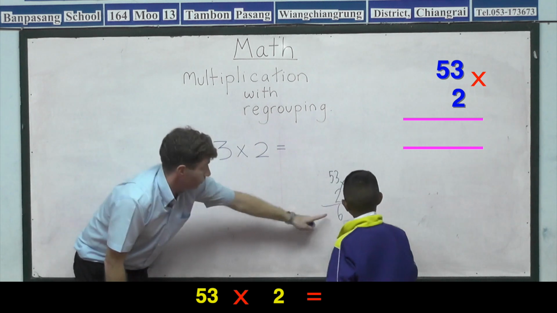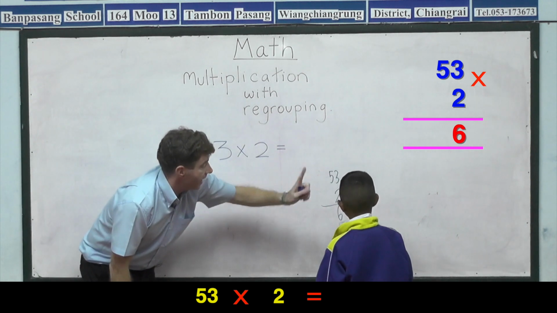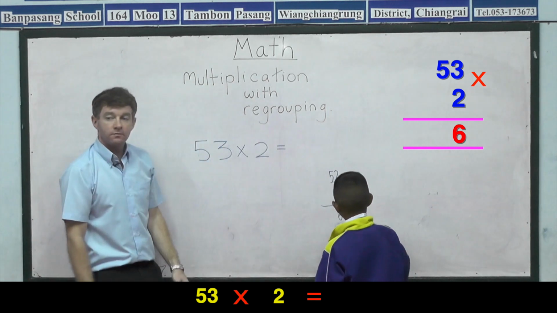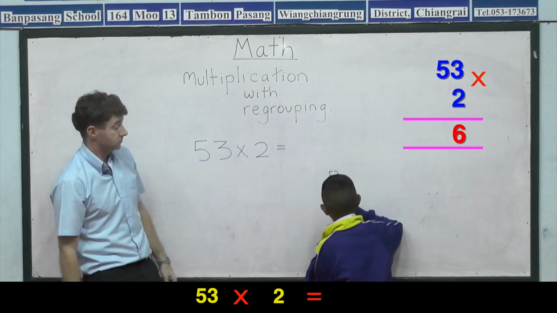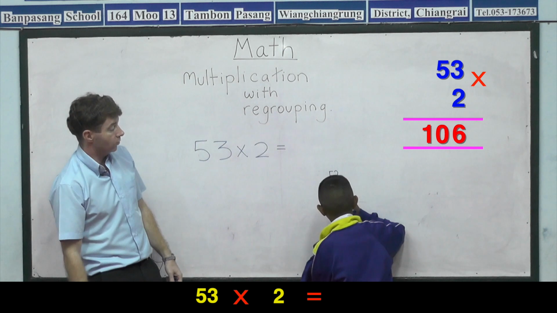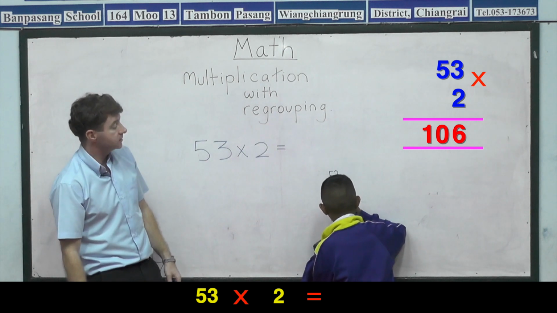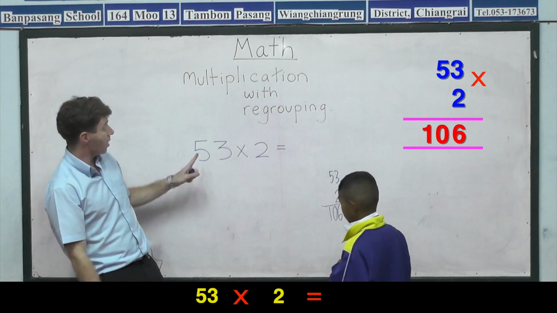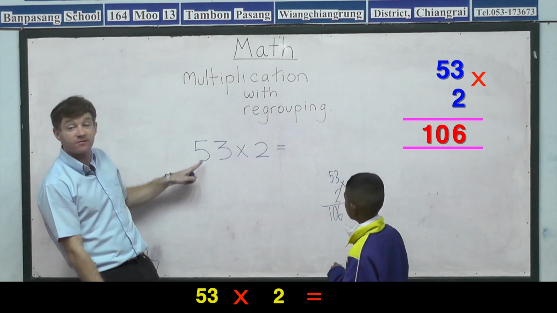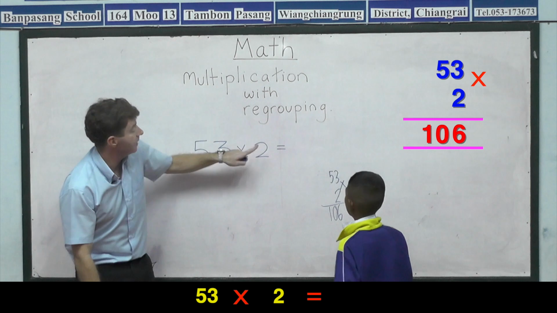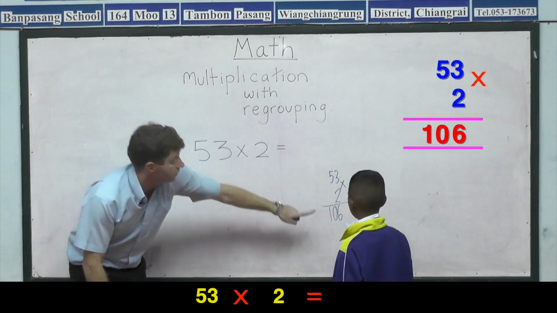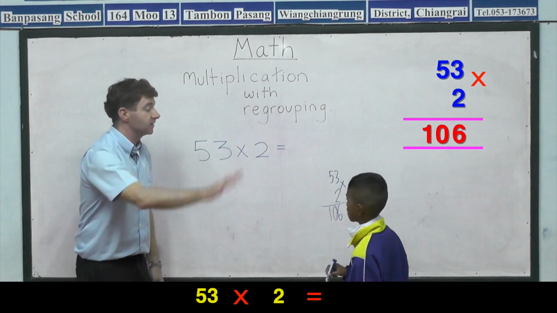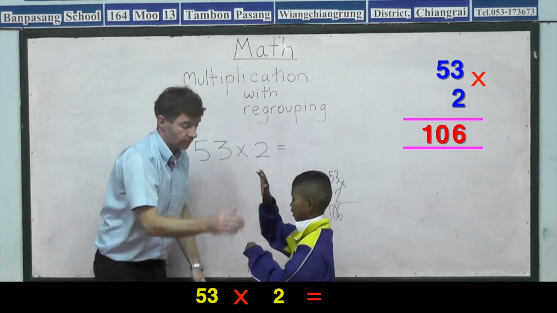No. So we've got our answer 6, but next 5 times 2 equals 10. 1, 0, 6. That's excellent, Pat. So our answer, 53 times 2 equals 106. Excellent. High five. Round of applause for Pat.